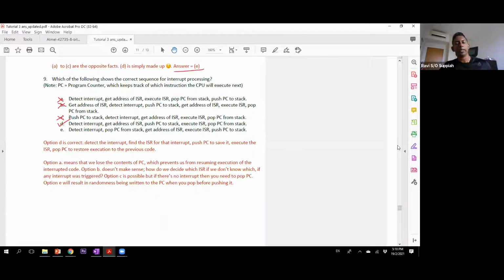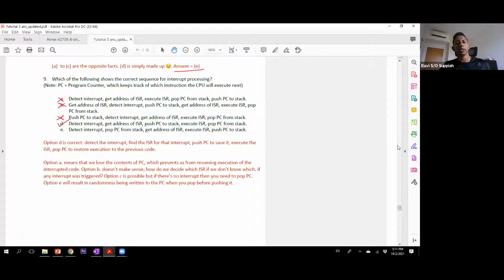If the interrupt enable bit is configured and you've also globally enabled interrupts, then when that hardware event happens, you will automatically detect it and send a trigger to the processor. Then you go to the interrupt vector table to get the address of the ISR.